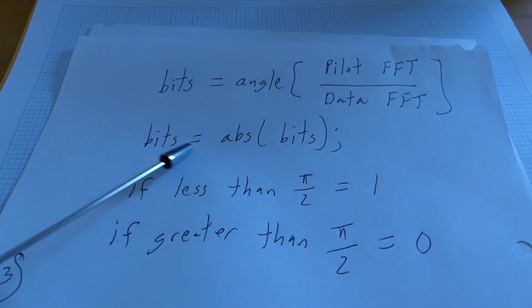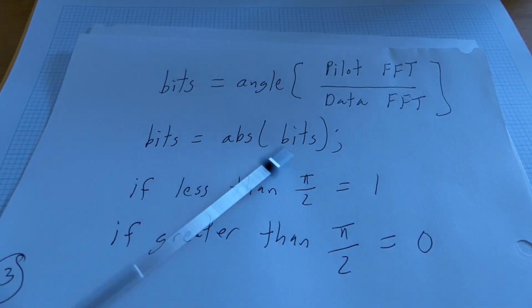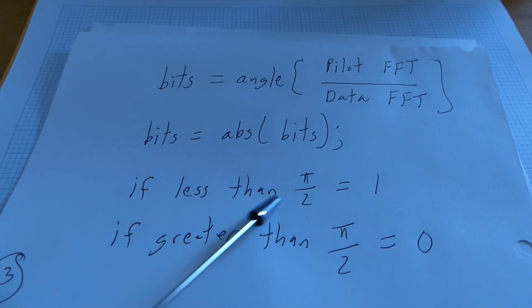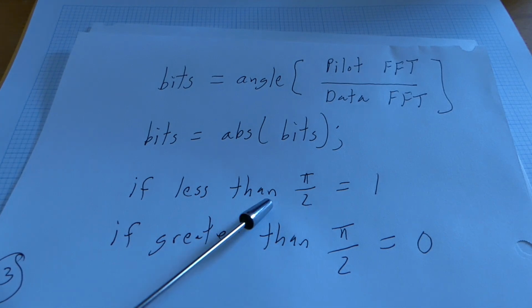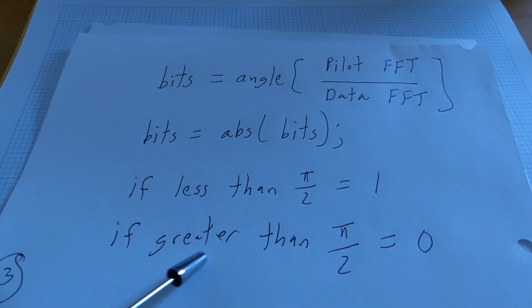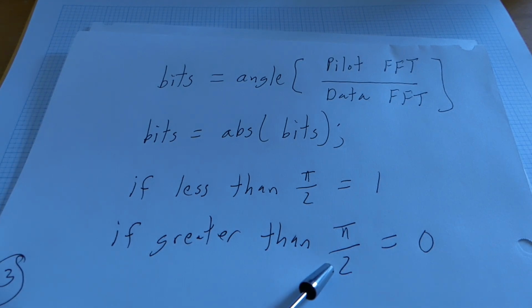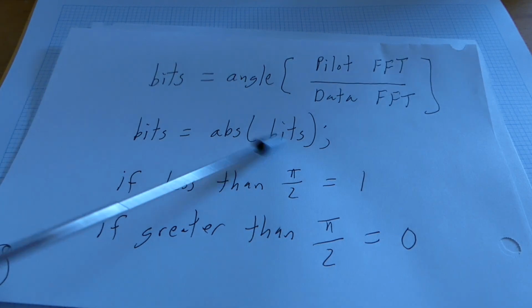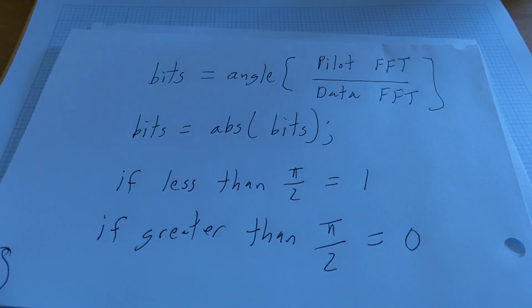So now we have a vector of 0 and pi going back and forth, and we simply can say, well, if the individual bin is less than 90 degrees, it's a bit 1. And if the bin is greater than 90 degrees, it's a bit 0. Now we're back to bits, get the bits back into char, and decode the text.